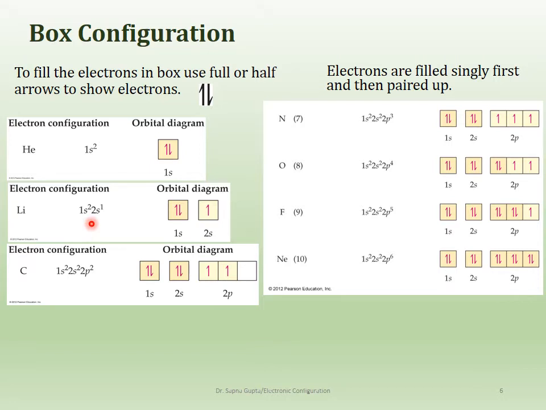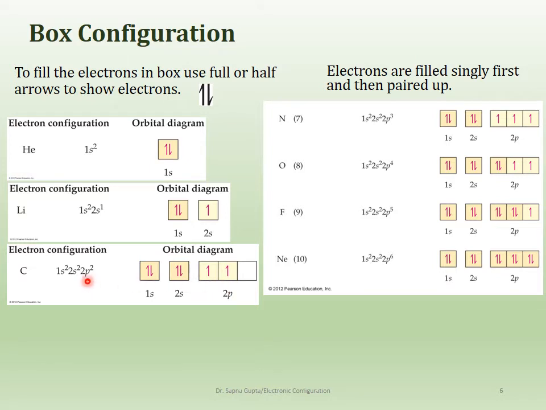For lithium, which is 1s2 and 2s1, you fill out the 1s, again with the 2 electrons going in opposite directions, and then 2s, which has only 1 electron. Now you can draw this going up if you want, or going down. It really doesn't matter. When you get to carbon, which is 1s2, 2s2, 2p2, you have the 1s with the 2 electrons, again opposite spin, 2s, again opposite spin.